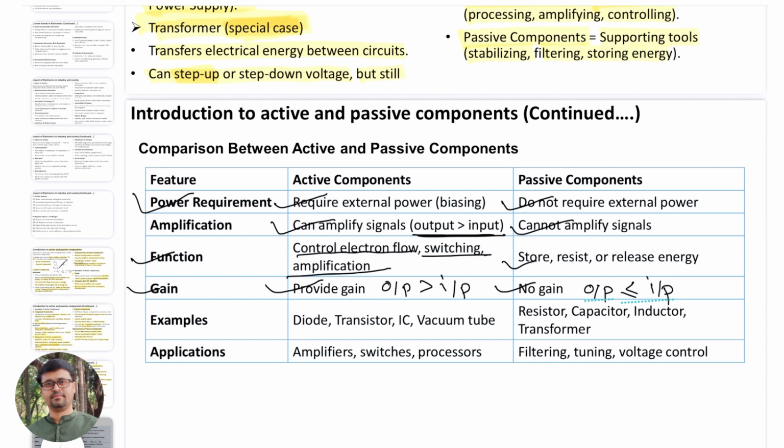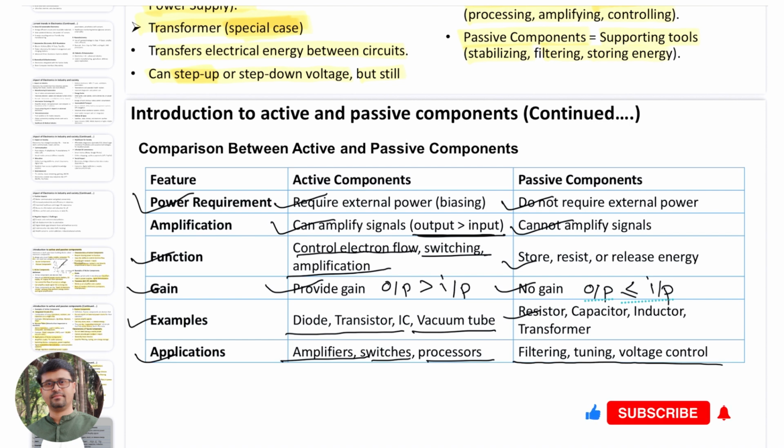Their examples are diode, transistor, IC and vacuum tube. The passive components are resistor, capacitors, inductors and transformer. Their applications are amplifiers, switches, processors. The passive components applications are filtering, tuning, voltage control. So this is about the active and the passive components.